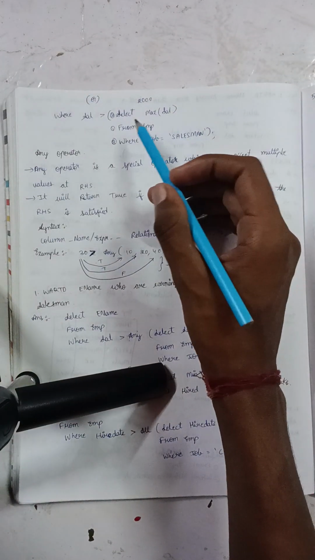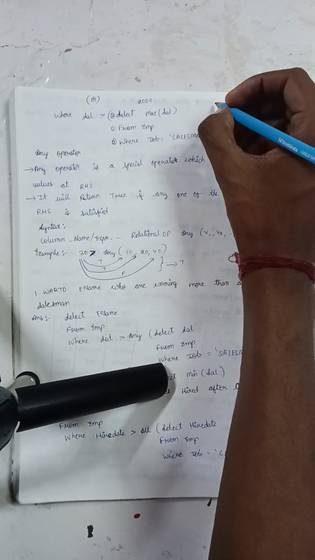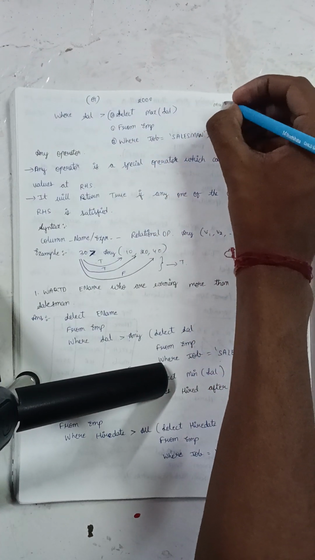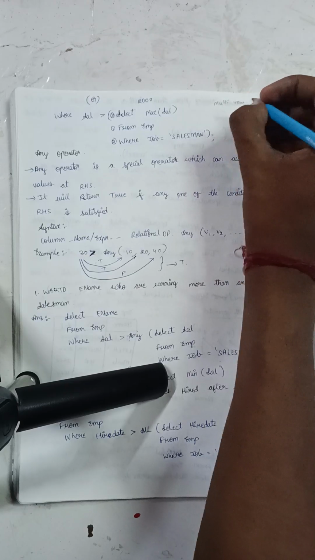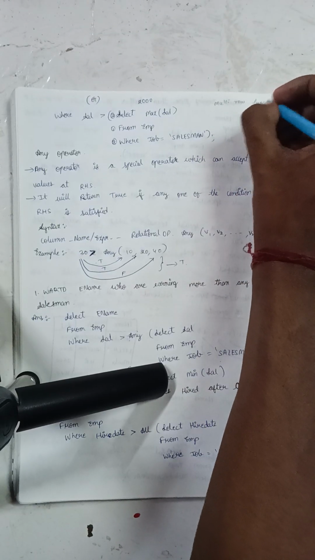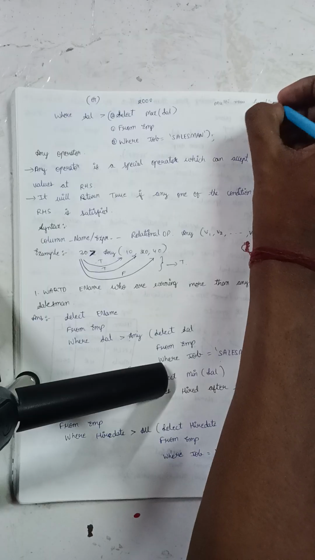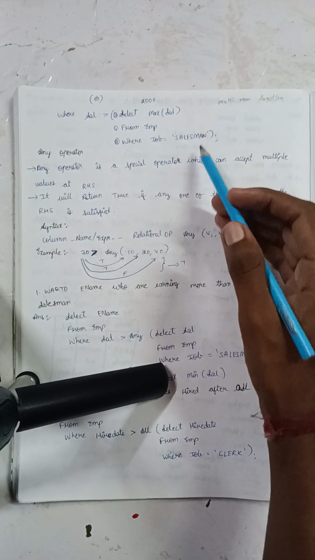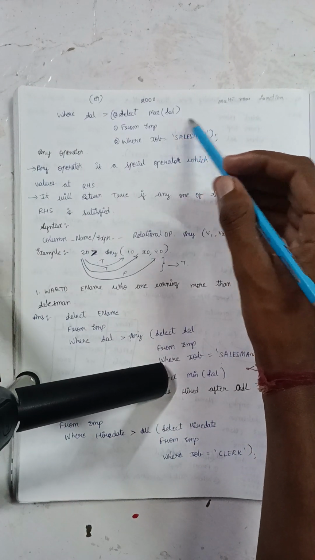We can have another method also, as we discussed earlier, the multi-row function, which is also known as a group function or aggregate function. From this we can also write this query.